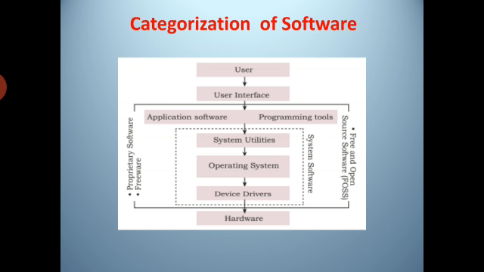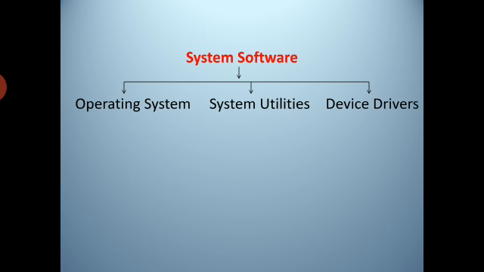Types of software. Software are mainly categorized as system software, programming tools, and application software. System software. The software that provides the basic functionality to operate a computer by interacting directly with its constituent hardware is termed as system software.